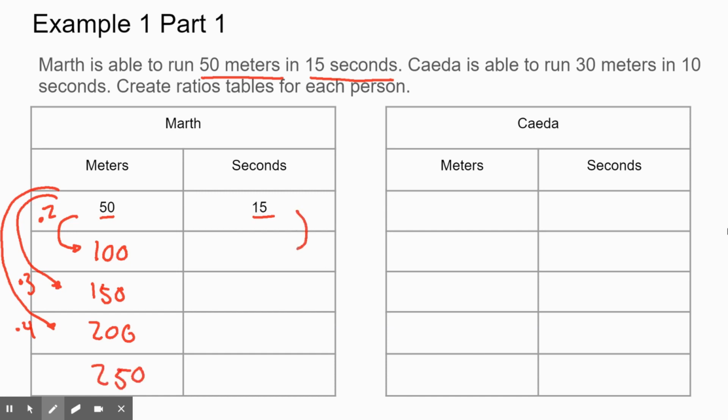But whatever pattern you do, you must do to the other term as well. So we're going to multiply them by 2, and then 3, and then 4, and then 5. Not too bad, that should be a review.